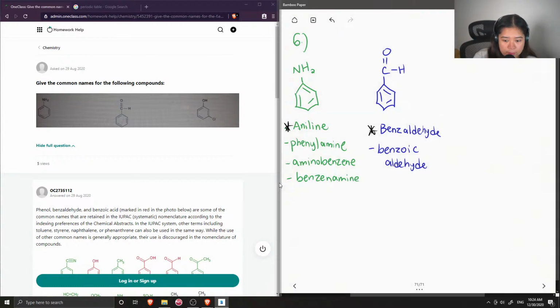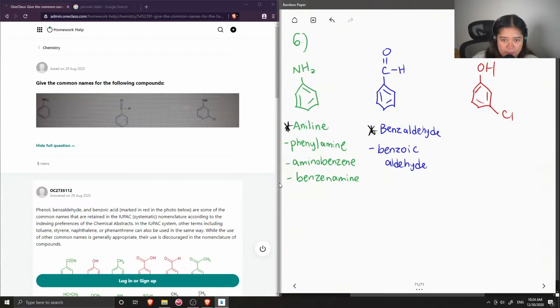And then for our last compound, we have another benzene ring. This time there are two groups on it. We have an alcohol group and a chlorine as well. So notice that the two are in the meta position. So this is what the meta position looks like. If they were beside each other, it would be the ortho position.